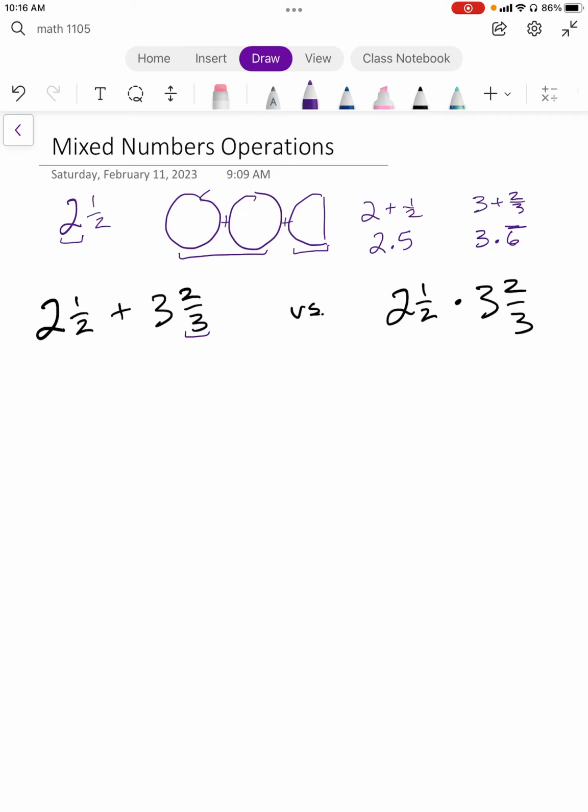So one concept is if we think about these with addition or subtraction, we often will group these vertically, right?